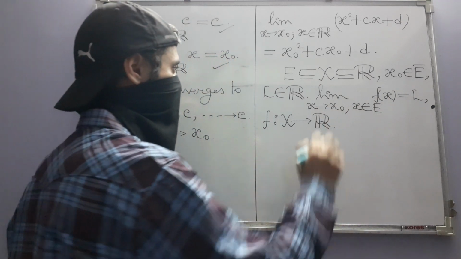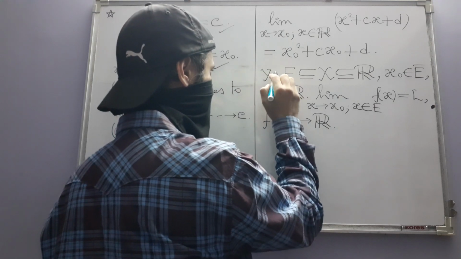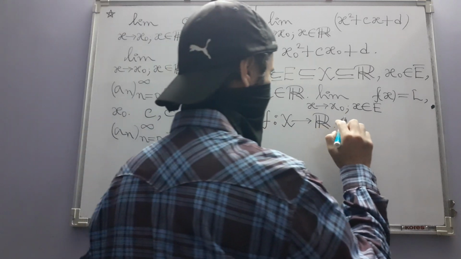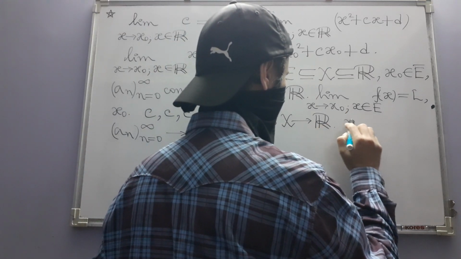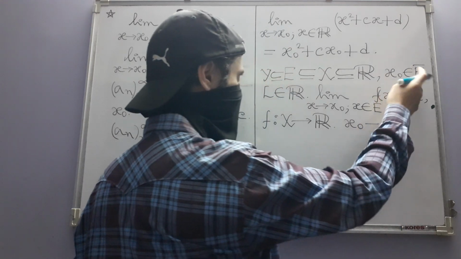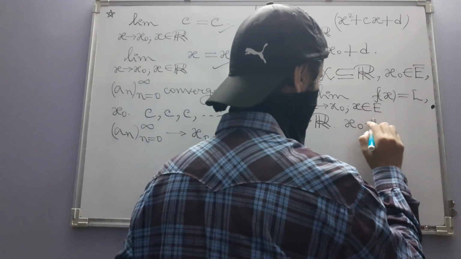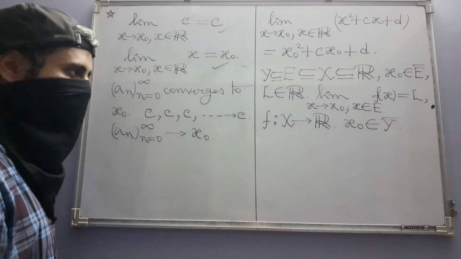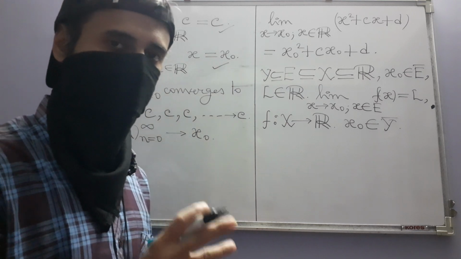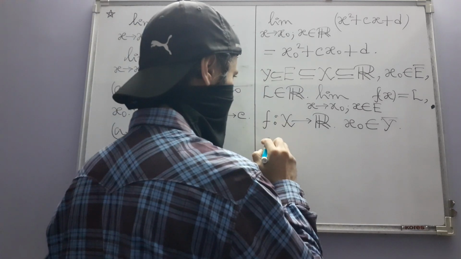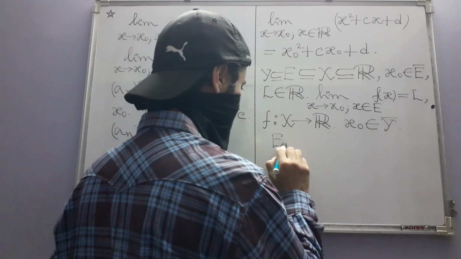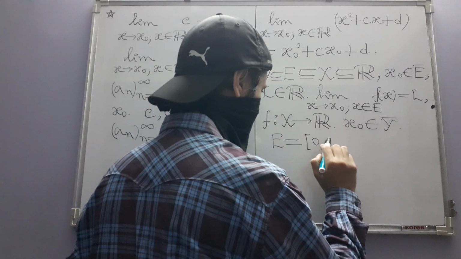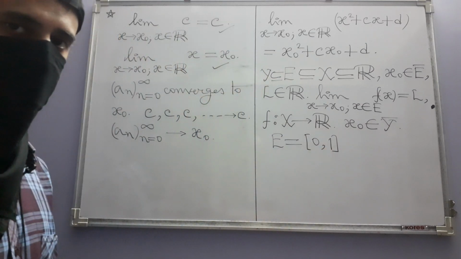Okay, now suppose you have another set Y which is a subset of E, and it turns out that x naught, just like it's an adherent point of E, is also an adherent point of Y. If you want to see how this is possible in a specific case, you can consider this. Say you take E as this closed interval.